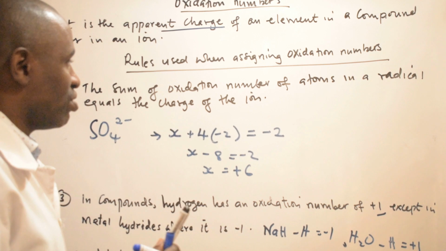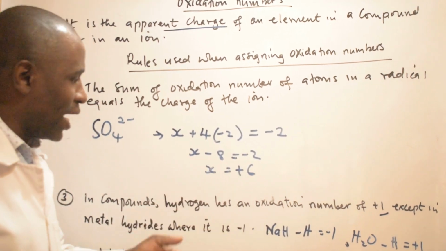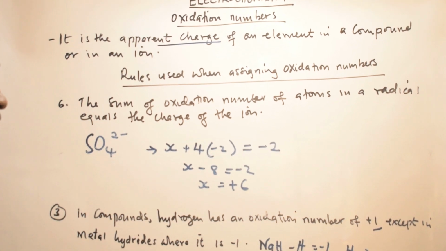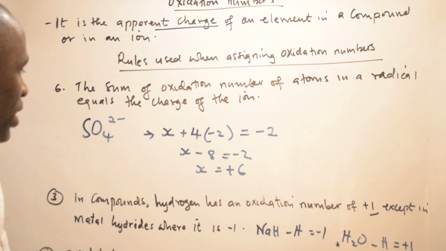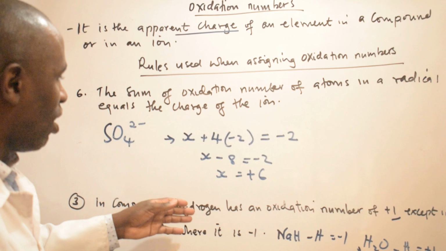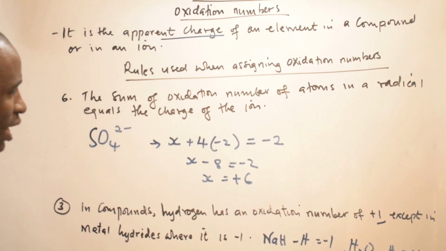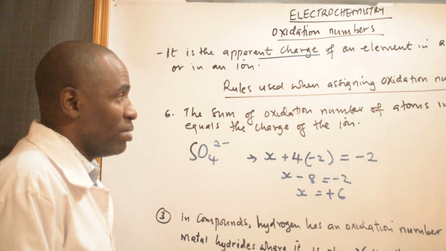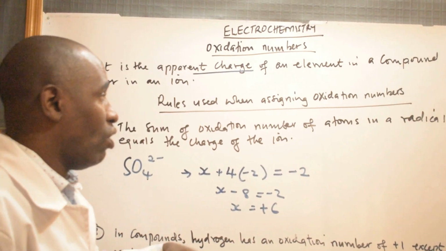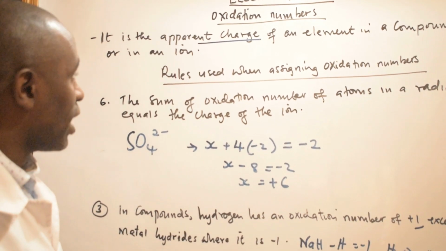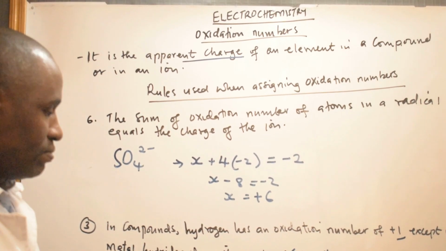We'll apply this especially when we're discussing redox reactions, where we can monitor the movement of electrons by determining the oxidation numbers, and tell what exactly is happening.